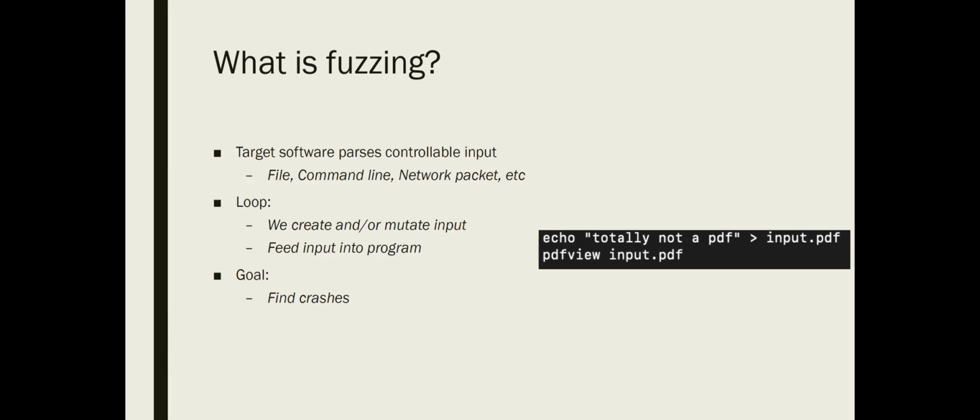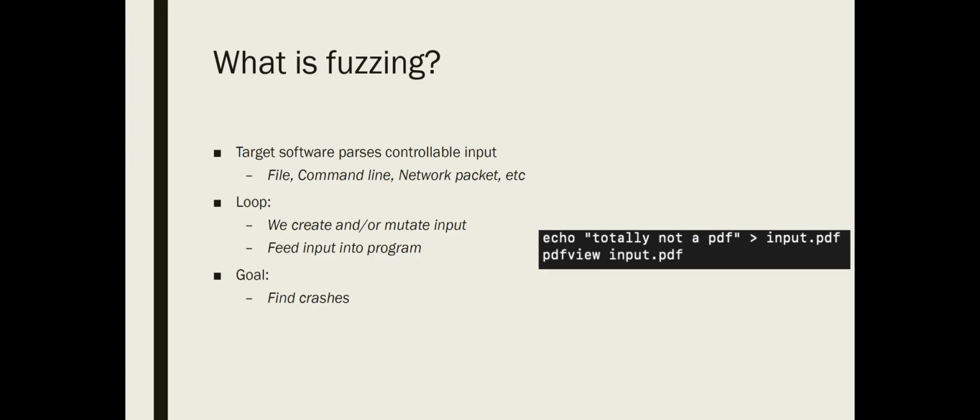In the case of a network packet parsing thing like SSH, you'd find the SSH server, you'd find the code that passes the SSH incoming connection packet and things like that, and would form our first input or mutate an existing one, which is going to be our packet in that case.